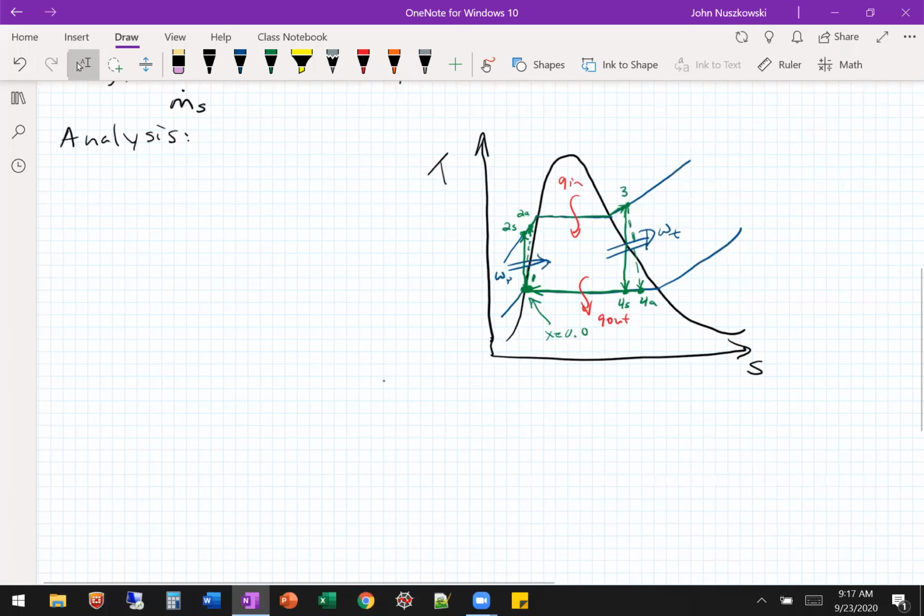so let's make this a little smaller. All right, so we'll have state, and we have our temperature again. Then we have pressure in kPa. We have enthalpy in kilojoules per kilogram.